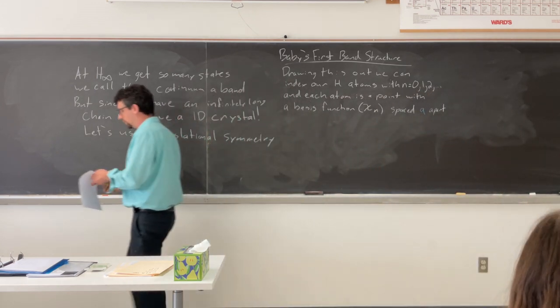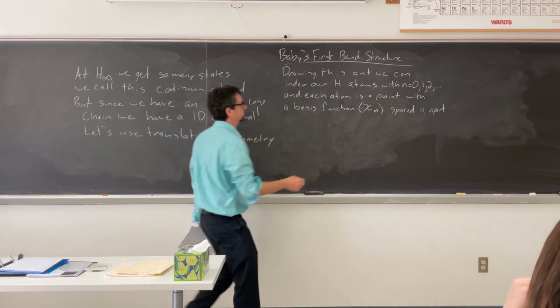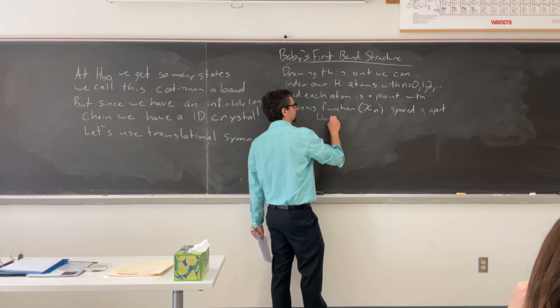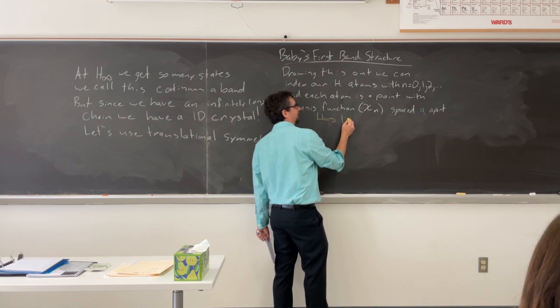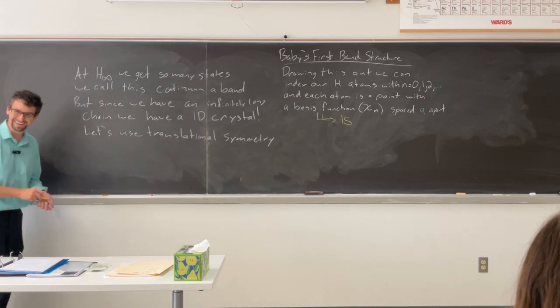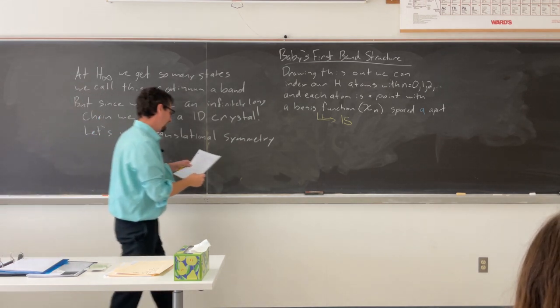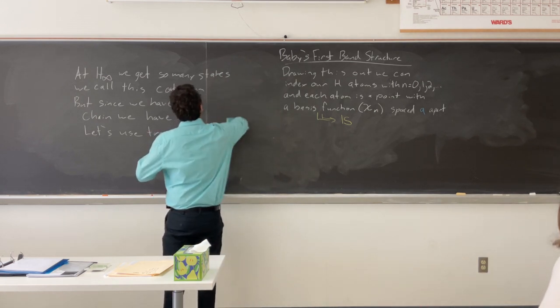What's the basis function we're going to use for a 1D hydrogen chain? 1 what? Okay, I just didn't hear the S part. Yeah, it's a 1s, sorry. So let's draw this out.